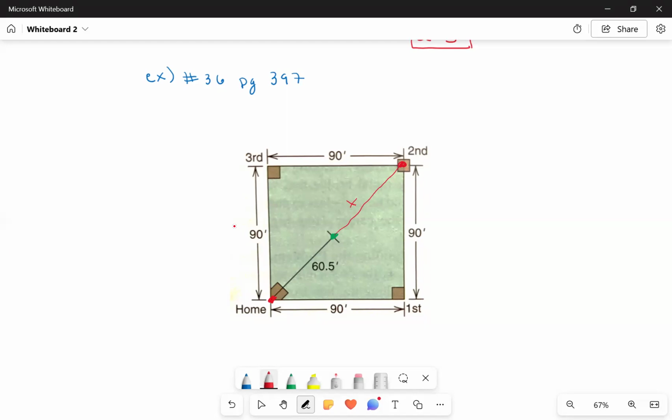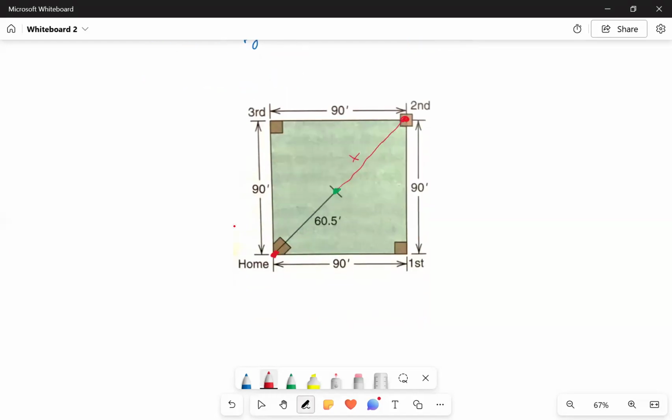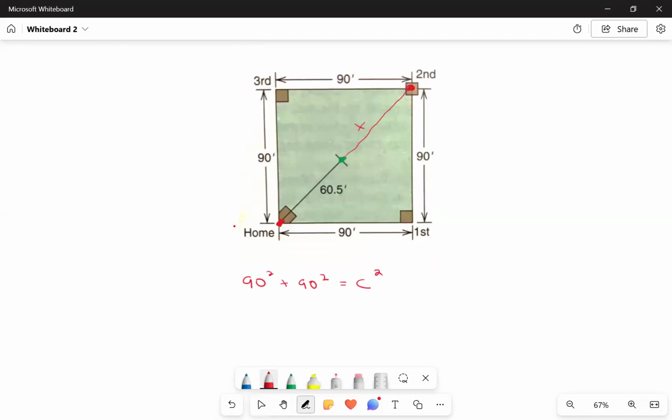Okay, so let's do that. 90 squared, and so the 90s are the legs, right? 90 squared equals, okay, so here I'll call it C squared for right now because I'm not finding what the X is. X is just part of the hypotenuse. So here I'll call the hypotenuse C, referencing what we did in the Pythagorean theorem earlier.